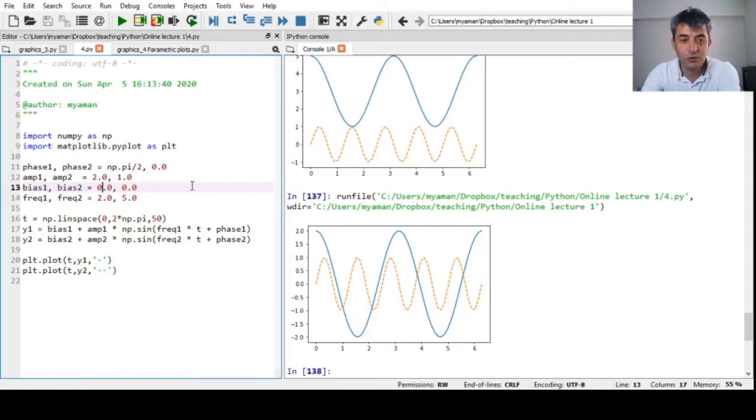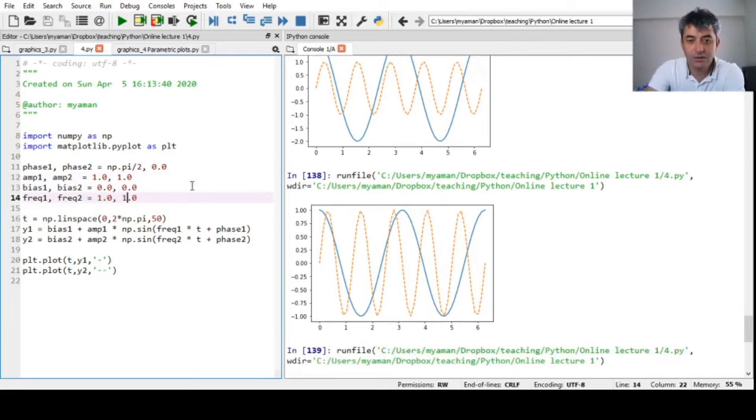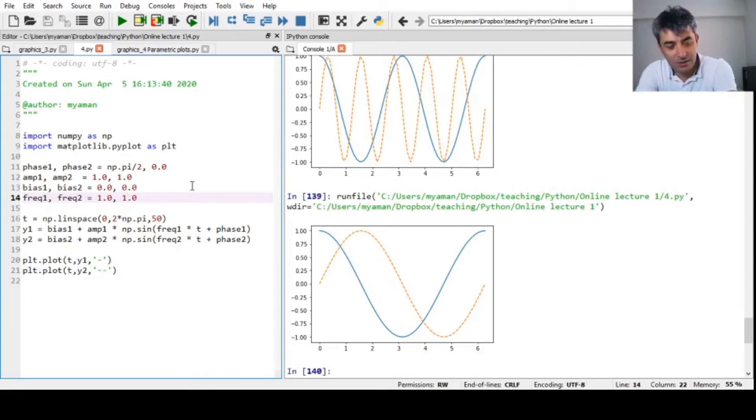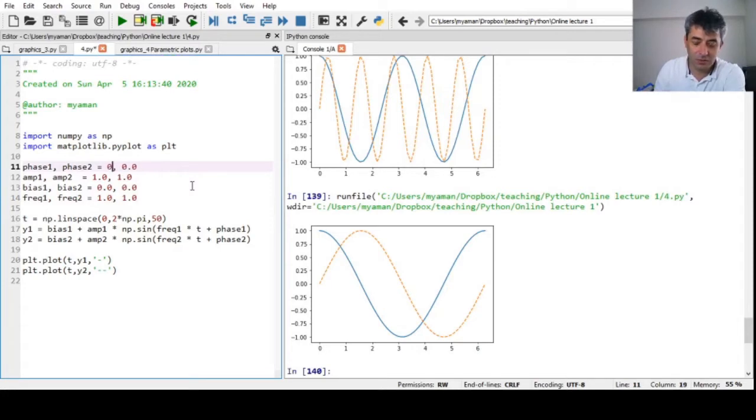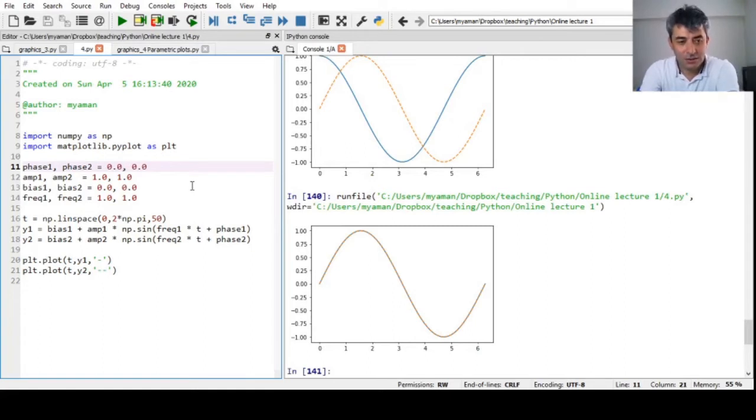Still the amplitude is 2, so let's decrease that amplitude to 1. Now the same amplitude, still the frequencies are different, 2 and 5. So let's bring them back to the same frequency. And now removing the phase factor, making it 0, will make these two waves the same wave.